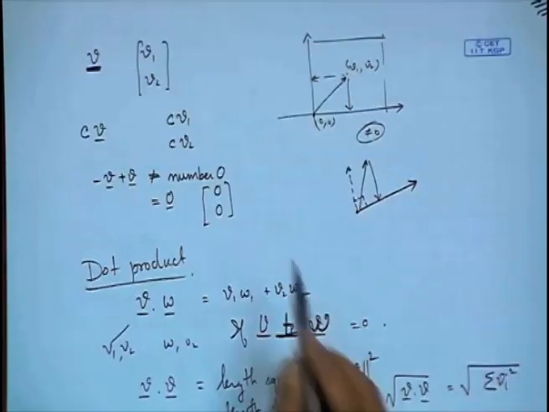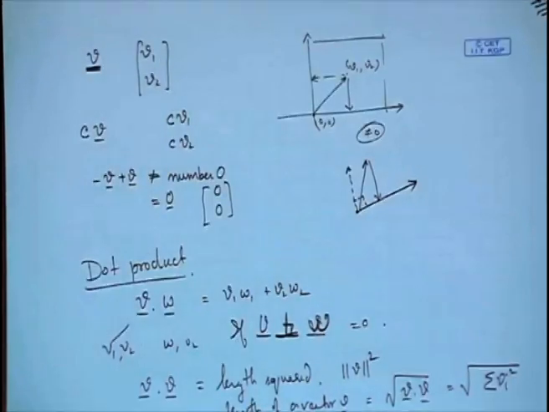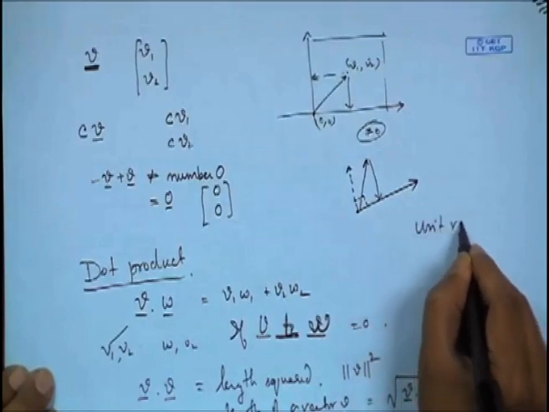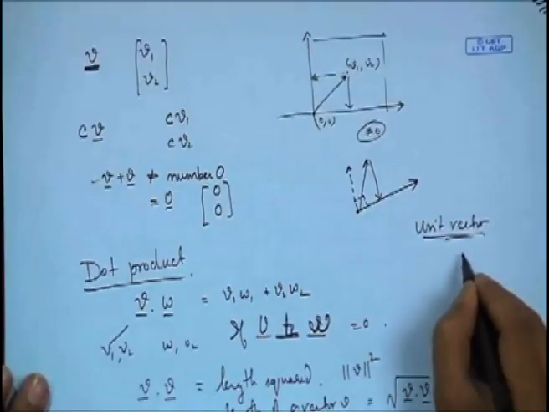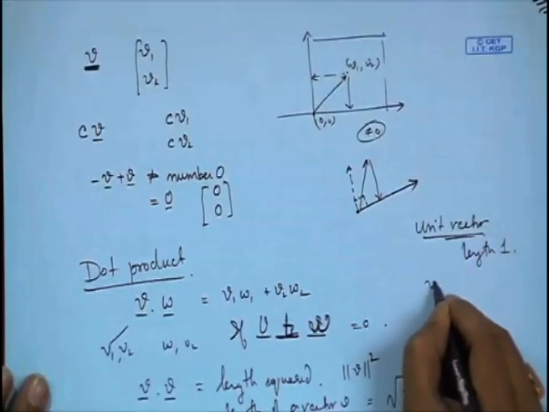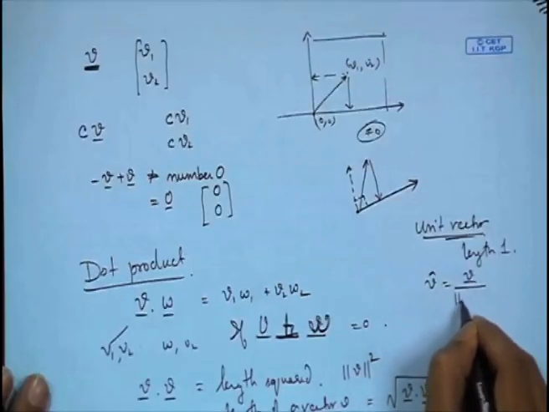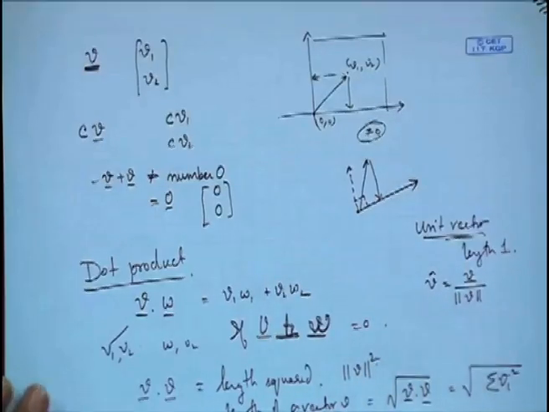So basically, v1 squared plus v2 squared, square root of that, is the length of the vector. And you also have another thing called the unit vector. The unit vector is a vector of length 1. The unit vector for v could be defined as v divided by the length of the vector. This is the squared length, so the length means the square root of this.